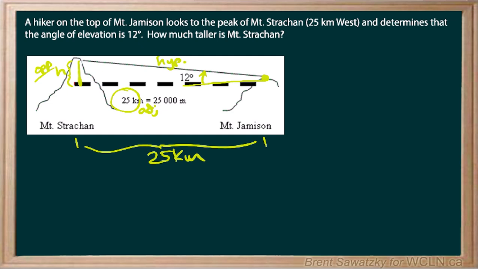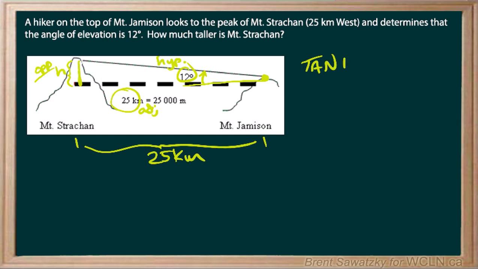Okay, so we know the angle, we know the adjacent, and we're looking for the opposite. So we want to involve the angle, the opposite, and the adjacent. And so we should stop and think about that and come up with tan.